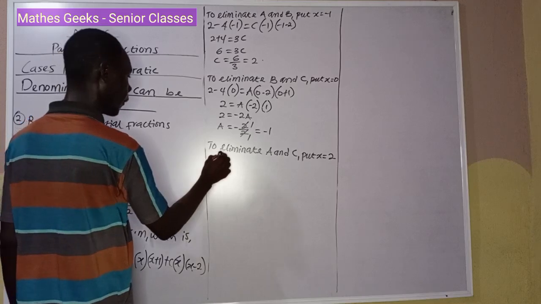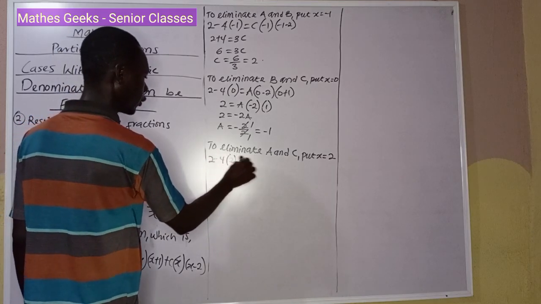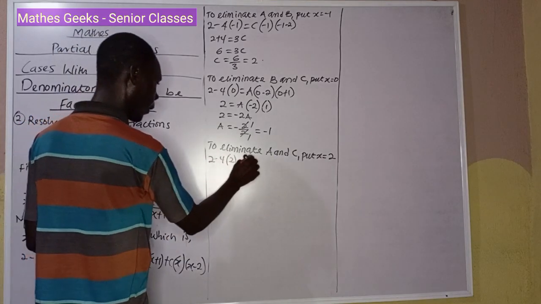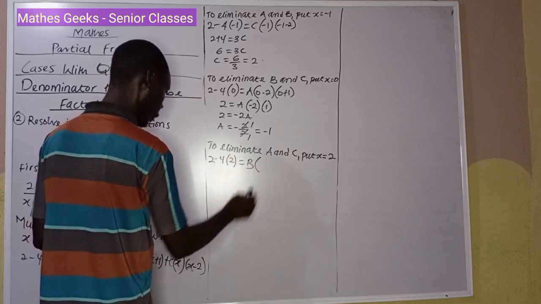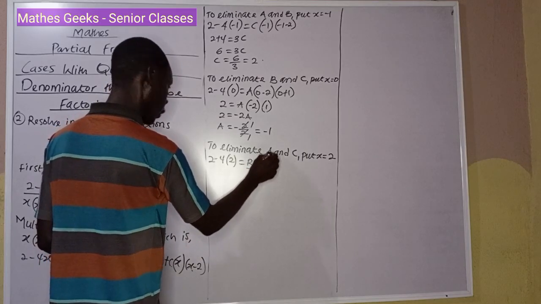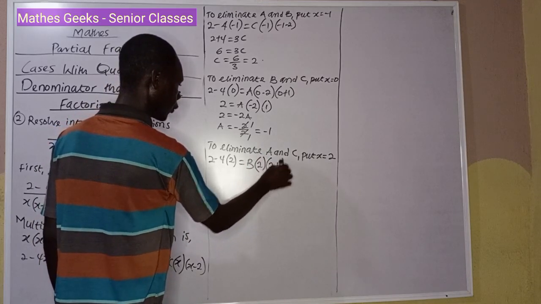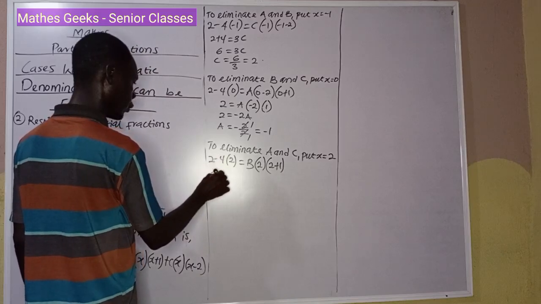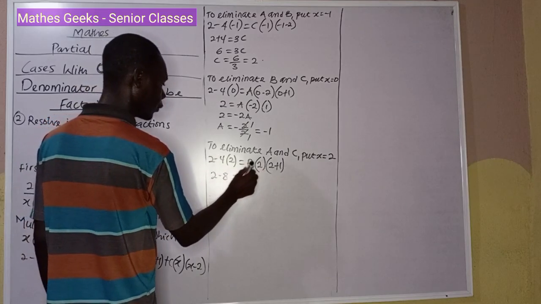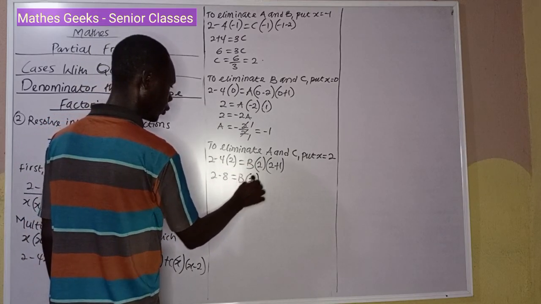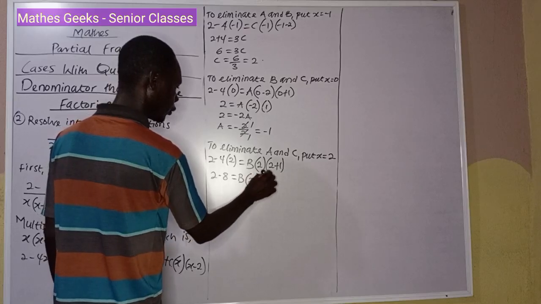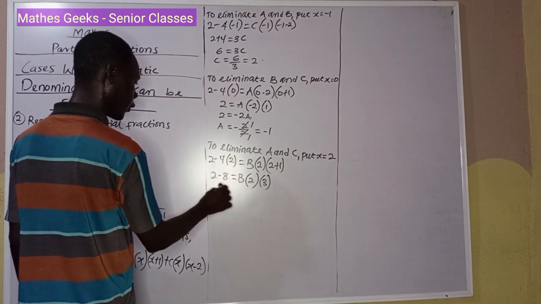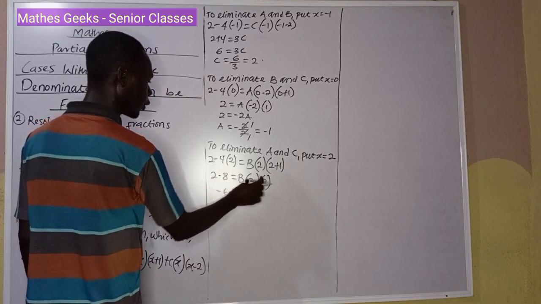So 2 minus 4 times 2 is equal to b. X is 2 and 2 plus 1. So 2 minus 8 is equal to b times 3, since 2 plus 1 is 3. Okay, 2 minus 8 is equal to minus 6, and 2 times 3 is 6.